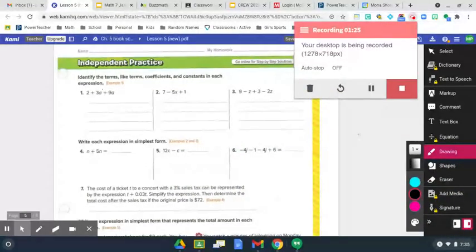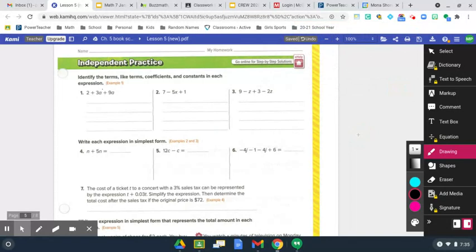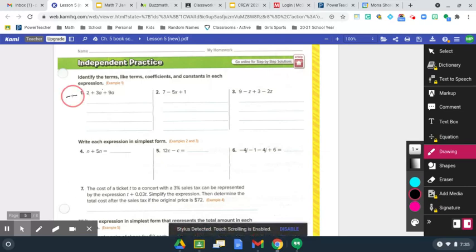Okay, here we go. Let's take a look at 391, number 1 to start with. The first 3 are going to ask you to identify the terms, like terms, coefficients, and constants in each expression. I'm going to do number 1 with you, and here you're listing those items. When you identify the terms, you're going to see me write a T for terms, just like Mr. Whalen did.